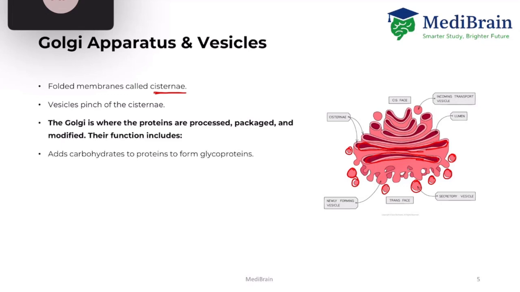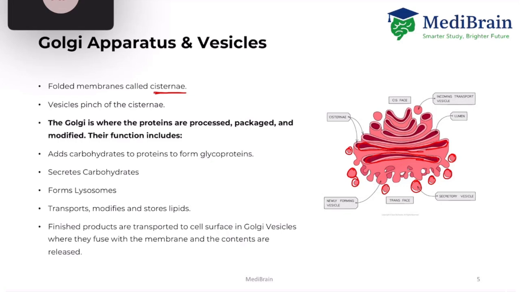These are some other functions that the Golgi apparatus can do. It can add carbohydrates to proteins to form glycoproteins. It can secrete carbohydrates. It can form lysosomes, which is our next structure that we're going to look at. It can transport, modify, and store lipids. You don't need to know all of them.